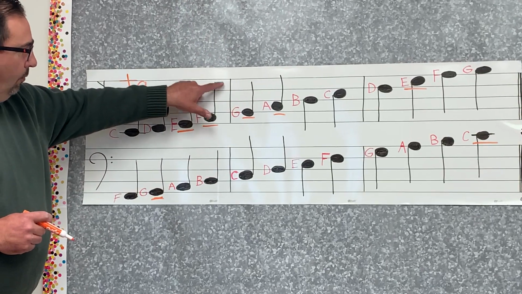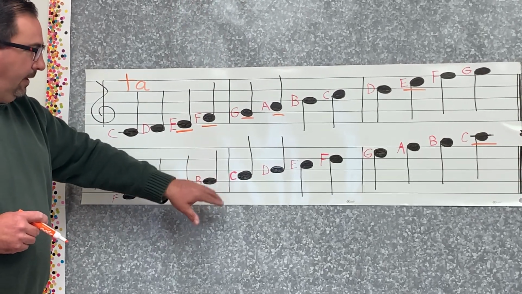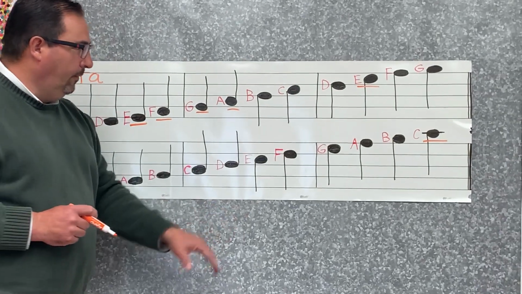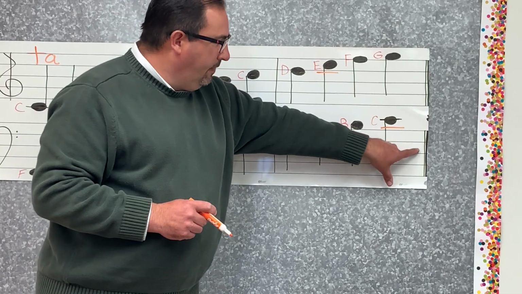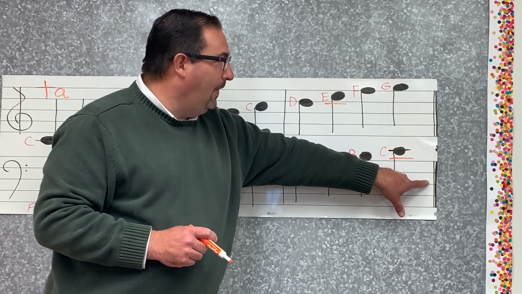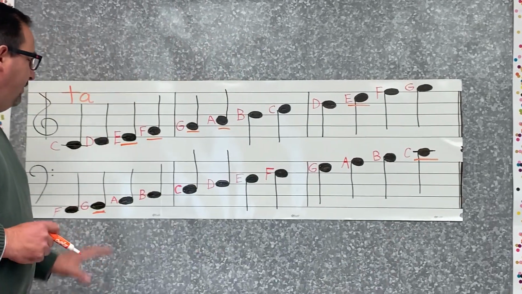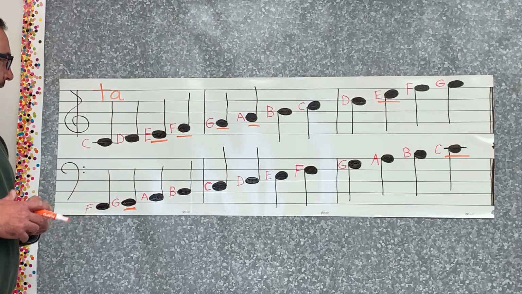And then we know that we're moving into a new measure because we have the bar line. Very good. We have 4 more beats. We have another bar line. We have 4 beats, and we have the, that's right, Jacoby, the finish line, the double bar line. Okay? So we have 3 measures, each with 4 beats.